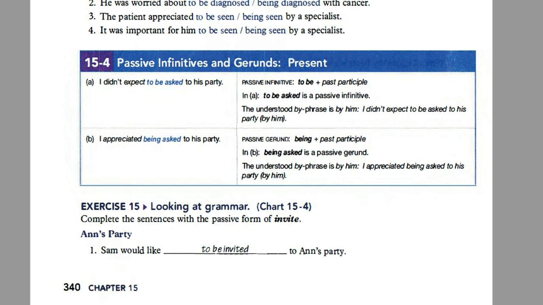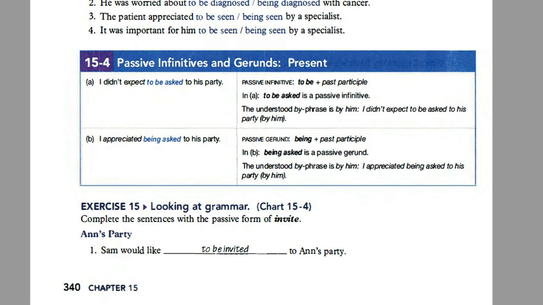So to be asked is about using the past participle after be, and here it's called passive infinitive, to be asked, to be done. So when you say to be, that's how we follow it with the past participle, and that's called passive infinitive. In grammatical rules, it's called passive infinitives.